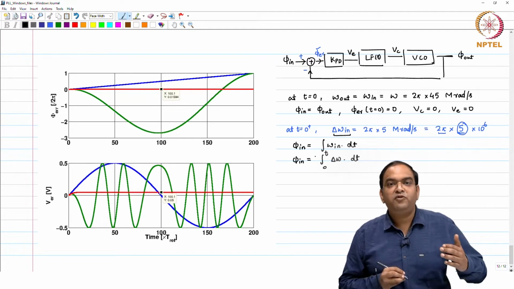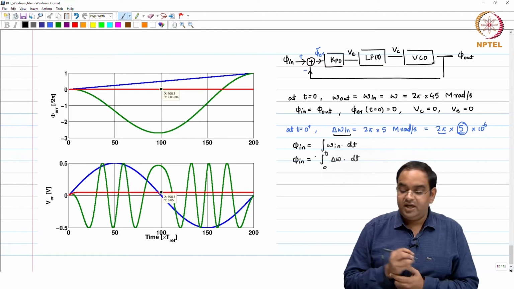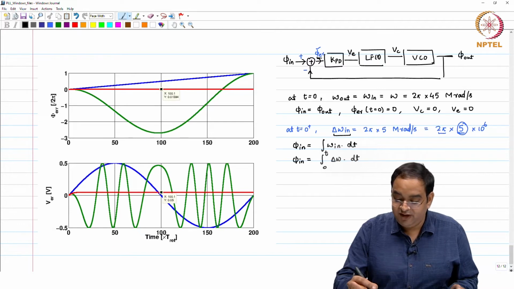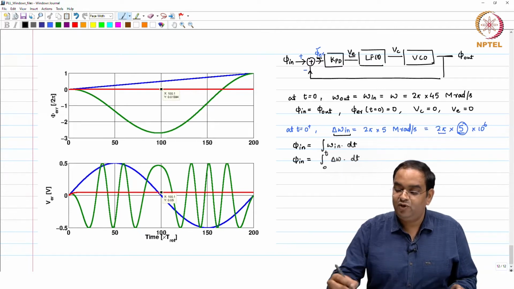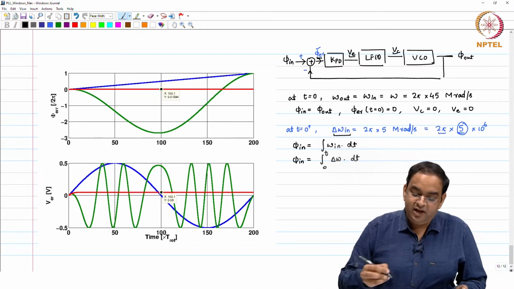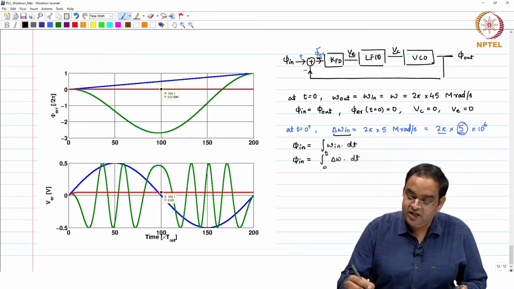That is how the input phase will keep on increasing. Okay. As the input phase keeps on increasing, you are going to have phase error, here you are going to have error voltage, and finally control voltage and output phase will change. So, here now I will just write the gain of each block.